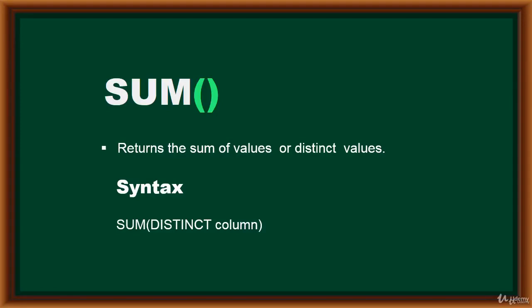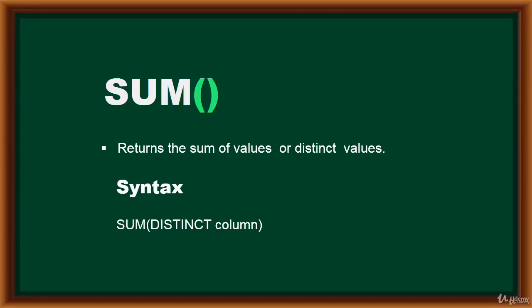Let's take a look at the syntax. This is what the syntax looks like. You start with the name of the function, which is sum, and then you use distinct to indicate that you are applying the function to a distinct value within a column.